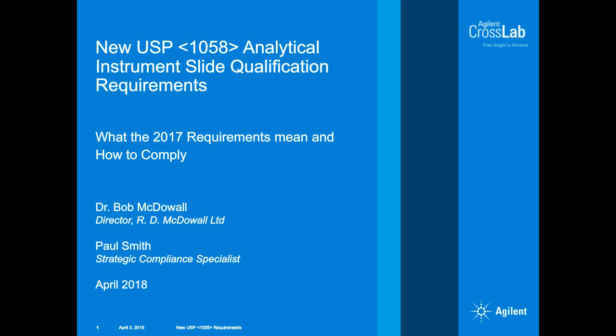Yes, you have to write a user requirement specification, because what is your intended use? And it's not just Empower, it's any chromatography data system, it's any piece of software you use in a regulated environment, including spreadsheets. Okay?